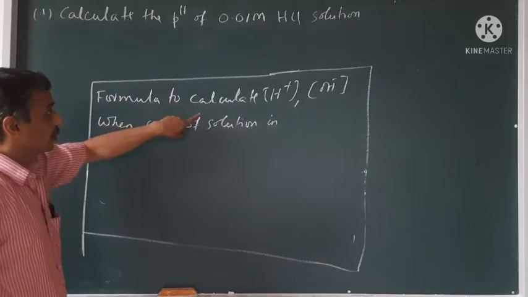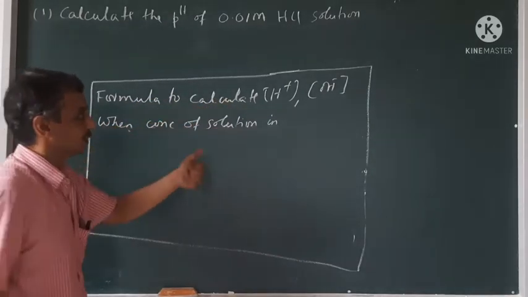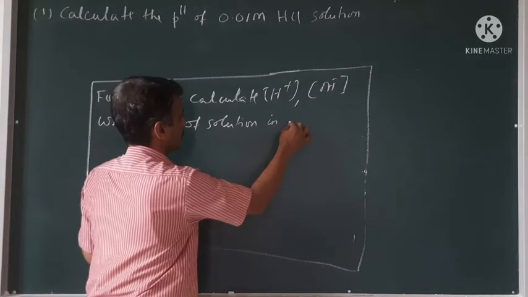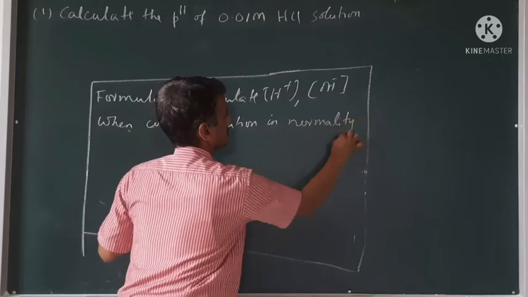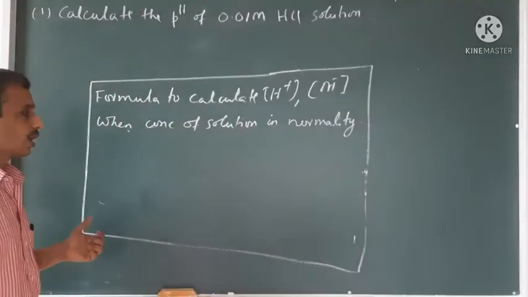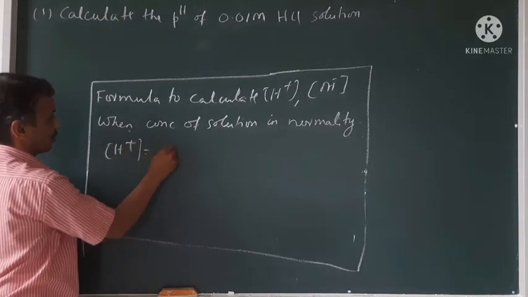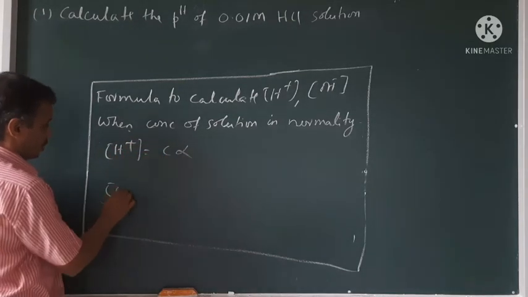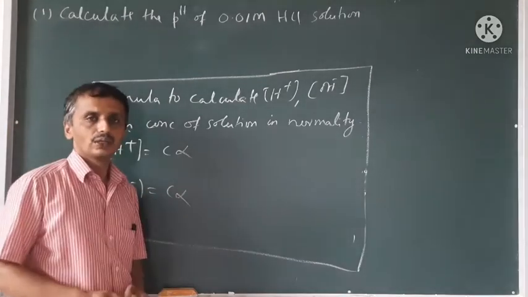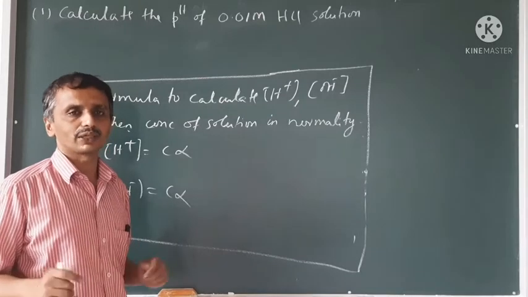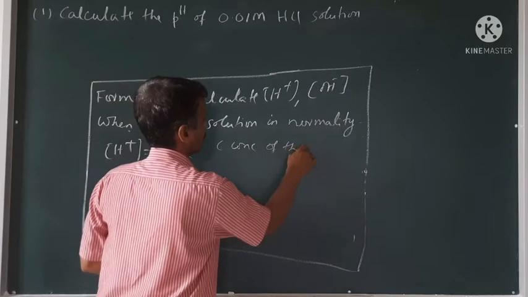Now, this one is the formula to calculate H plus ion concentration or OH minus concentration when the solution is in normality. Instead of molarity, normality is given, and H plus concentration is equal to C alpha, OH minus concentration is equal to C alpha. No acidity or basicity terms are involved. C, concentration of the solution.